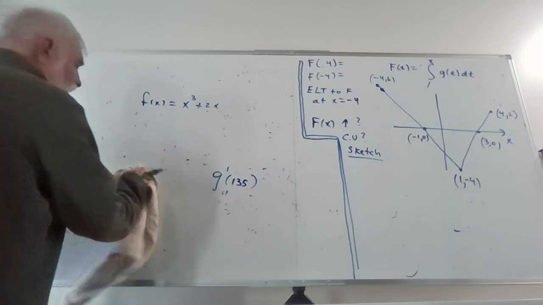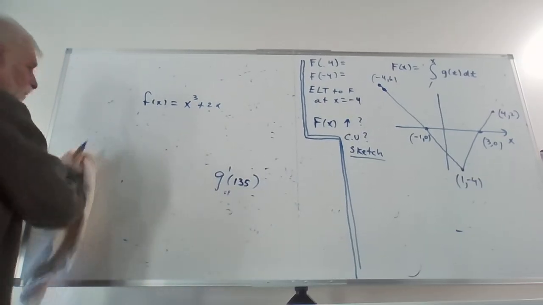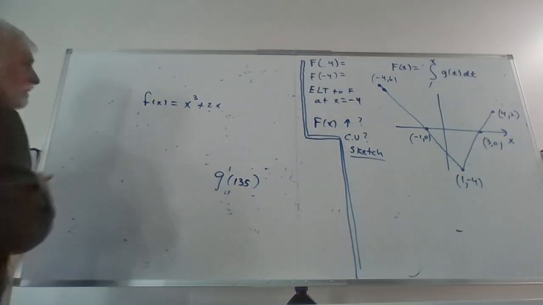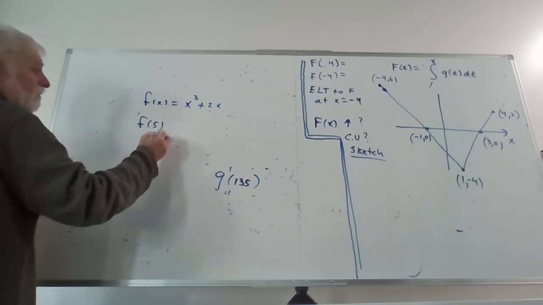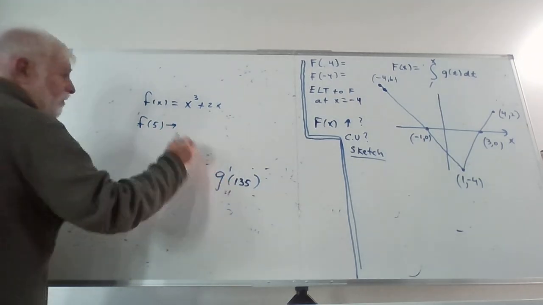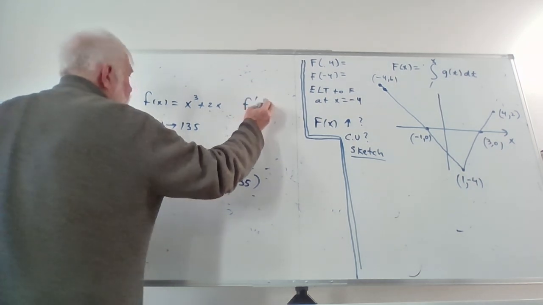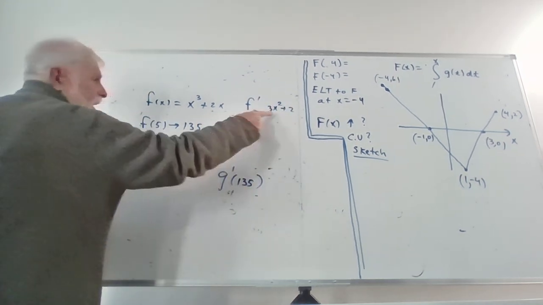What did we talk about yesterday? We looked at x squared and the square root of x and the reciprocal relationship between derivatives. I can see what f of 5 gets me: f of 5 gets me 135. I can find f prime, 3x squared plus 2, and drop a 5 in there.